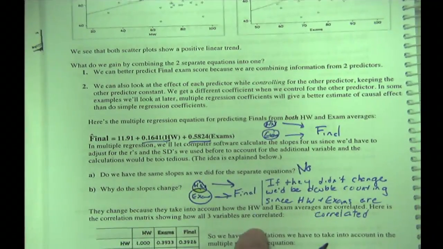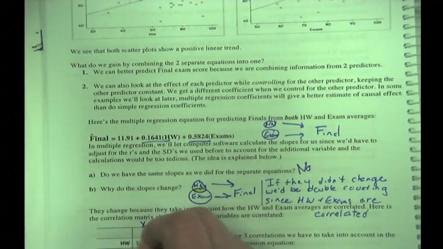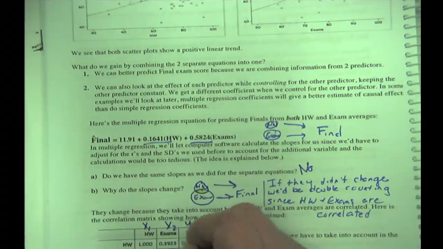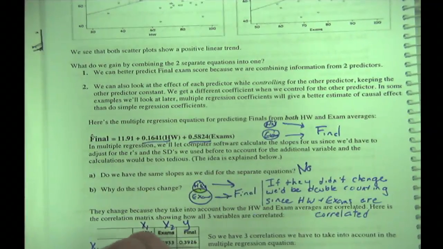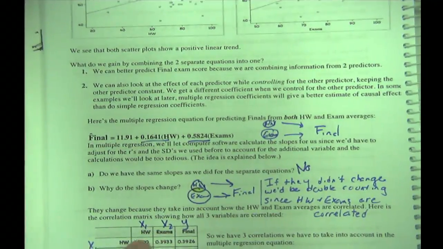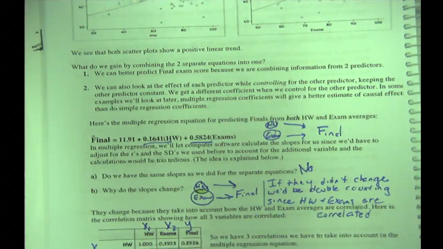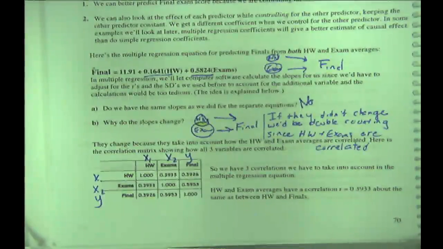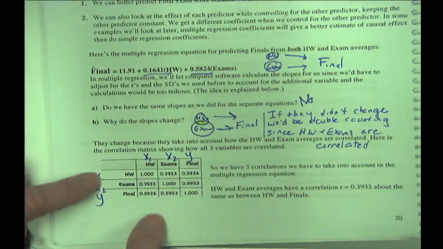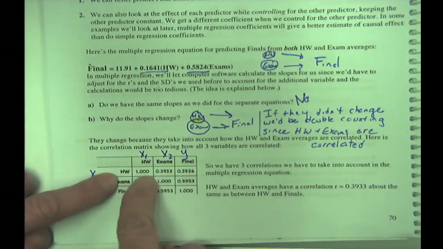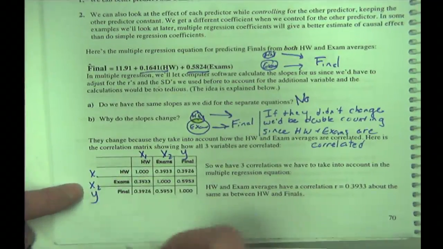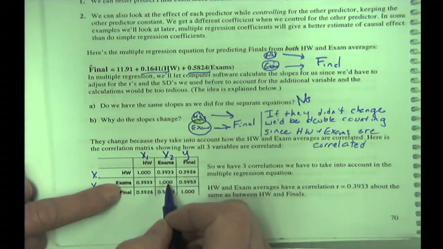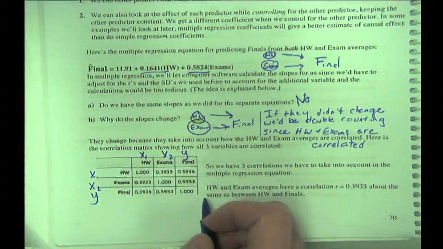Here's the correlation matrix showing all three variables. You have the x1, the x2, and here's your y, the x1, the x2, and here's your y. And obviously along the diagonal, they're all ones, because x1 with x1, homework, is perfectly correlated with homework. Exams are perfectly correlated with exams. That has to be one along the diagonal.